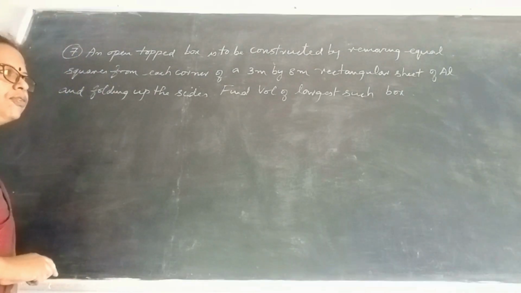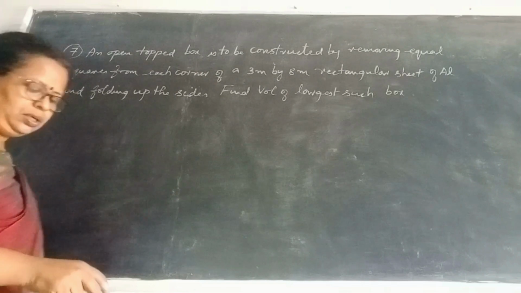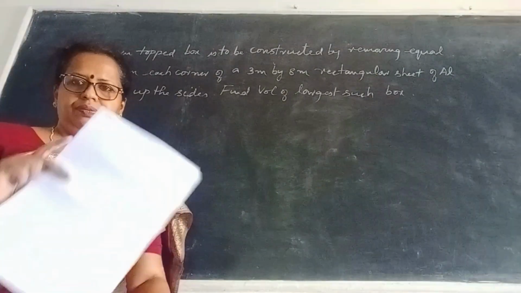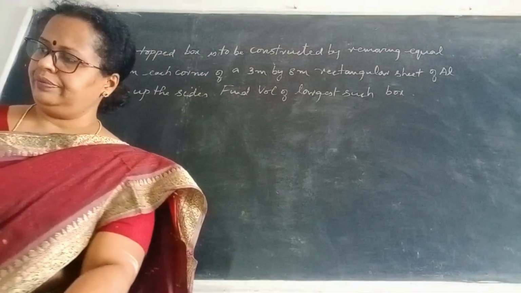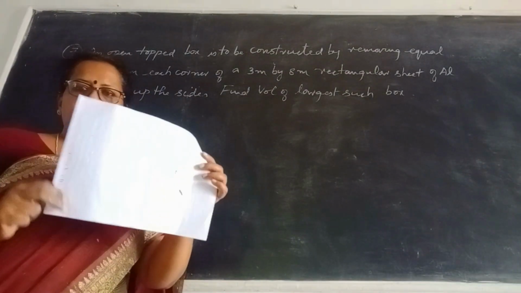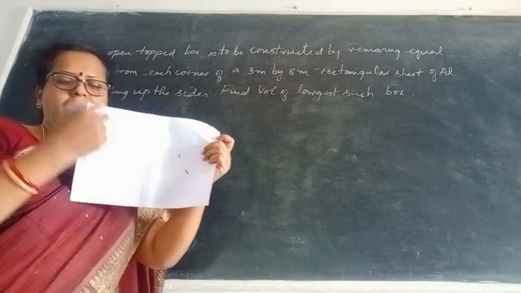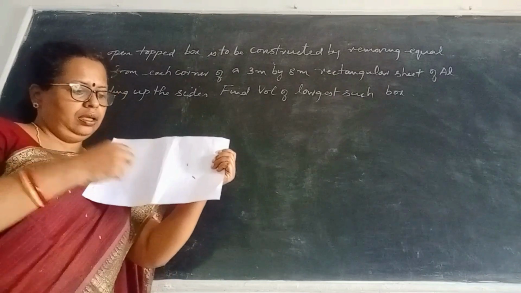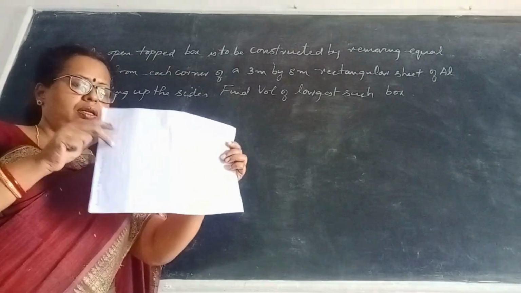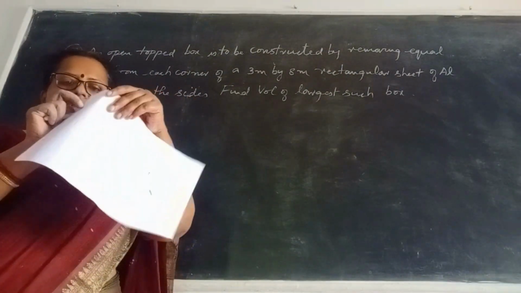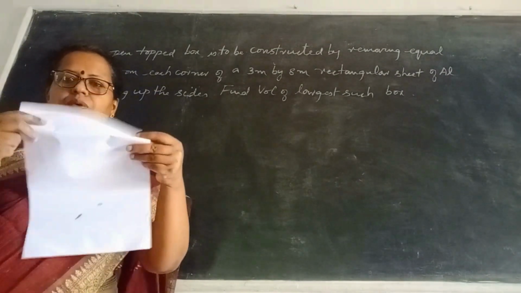Find the volume of the largest such box. So a sheet is given, an aluminium sheet, 3 meter by 8 meter. From each corner, one square is cut and the sides are folded up.